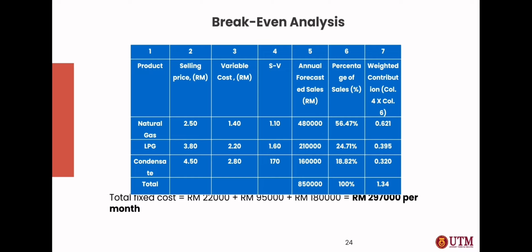By calculating the weighted average contribution margin across the three main products, which are natural gas, LPG, and condensate, we have determined the total weighted contribution of 1.34. This analysis confirmed that the current production level is well above the break-even benchmark required to cover both fixed and variable costs.